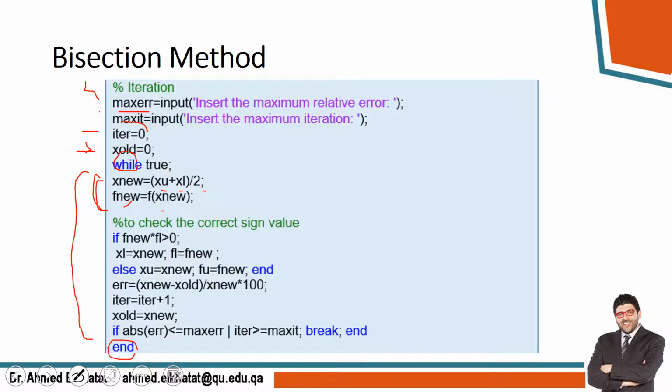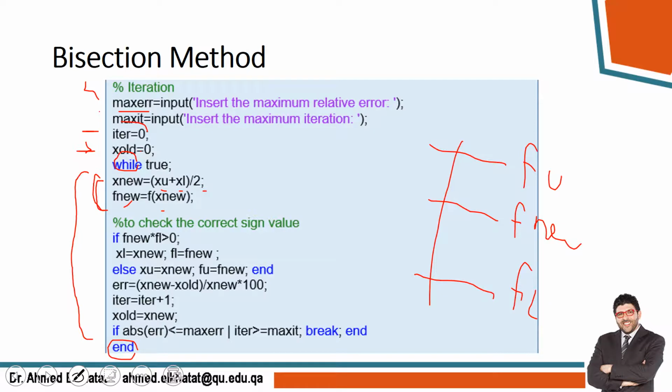Now in order to check which one I will choose for upper and which one for lower, we create this part. We have f upper, f lower, and we have f new. Now if f new times f lower is positive, then that means x new should be the lower value, because the root should be here.